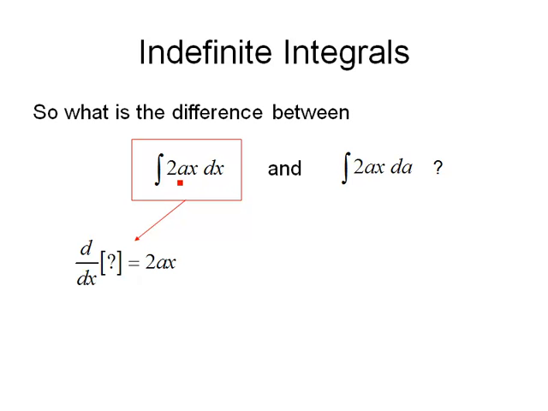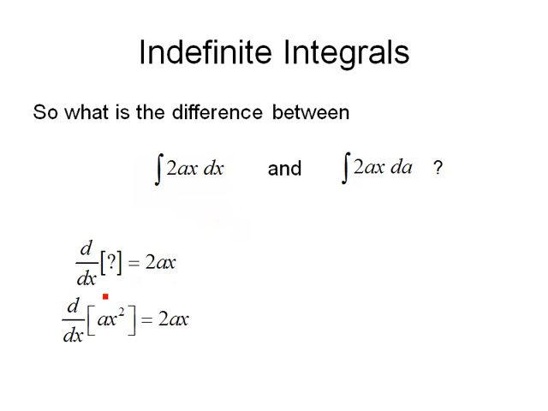When I look at the indefinite integral of 2ax dx, what I'm trying to decide is the derivative with respect to x of what is equal to 2ax. The derivative with respect to x of ax squared is equal to 2ax because the derivative of x squared is 2x. The a in this case is just a constant.